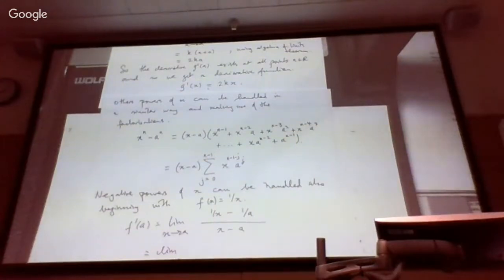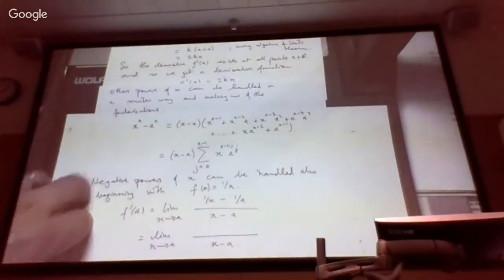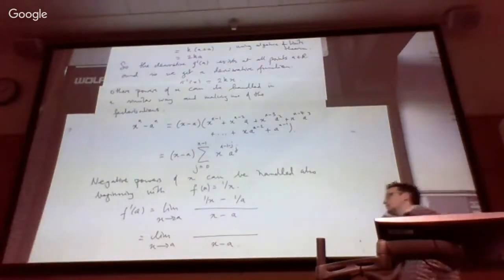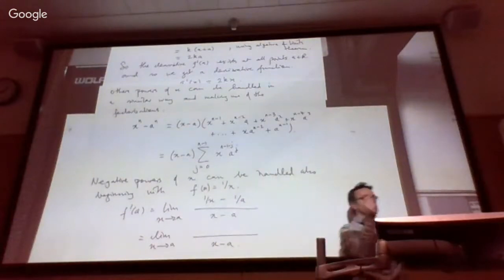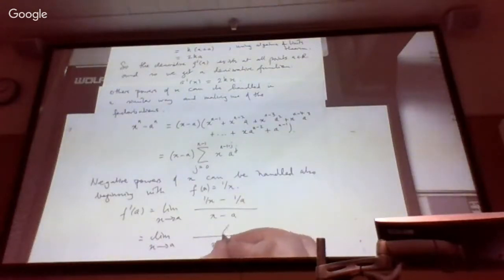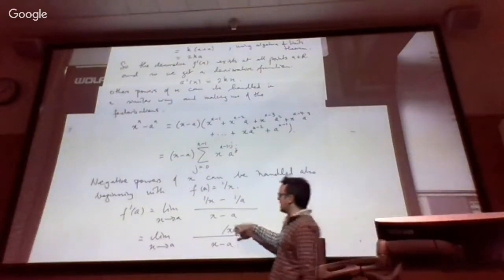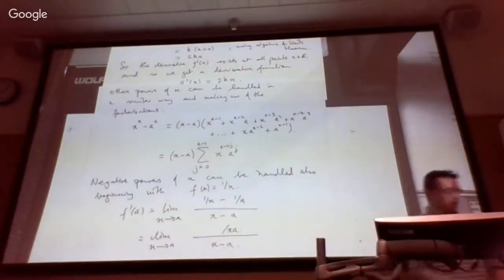There's no cancellation we can see yet, but we can see what the correct factorization is to do, if we take this difference of fractions and write it as a single fraction. How do you add fractions? Of course, you want to put them over a common denominator. The common denominator here would be x times a, the product of these two denominators, and then the numerator would be a minus x.